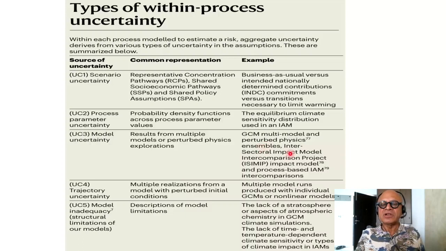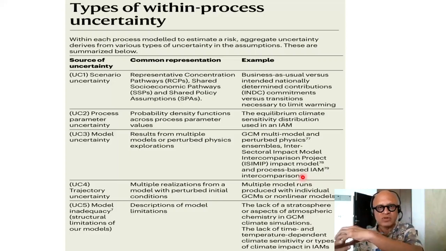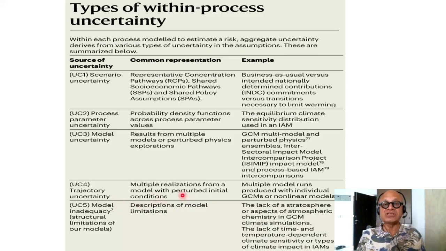And the examples include GCM multimodal and perturbed physics ensembles, Inter-Sectoral Impact Model Intercomparison Project impact models, and process-based integrated assessment model intercomparison. So you have multiple models talking to each other or providing output in a linear way and then computing future trajectories. So model uncertainties are involved there. The trajectory uncertainty itself comes from multiple realizations from a model with perturbed initial conditions.